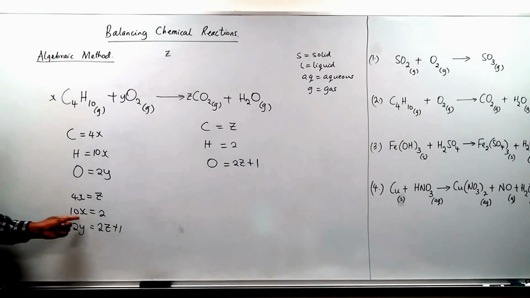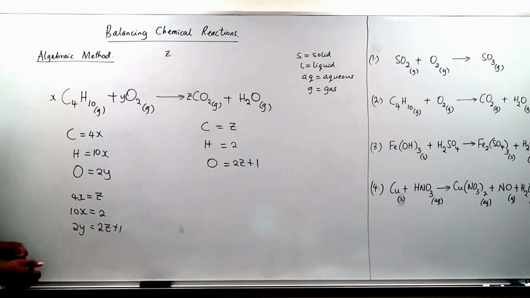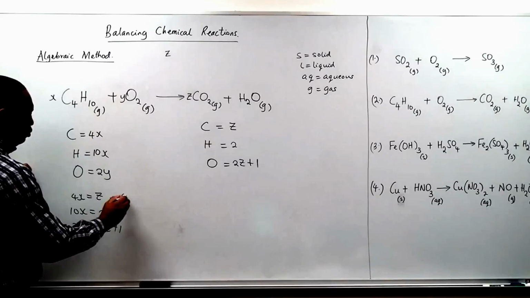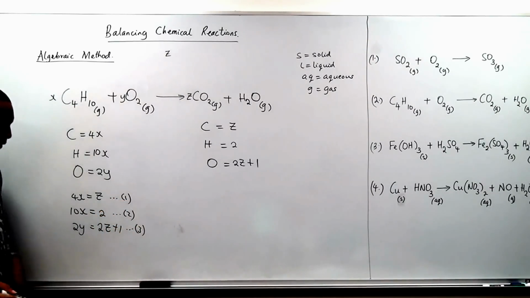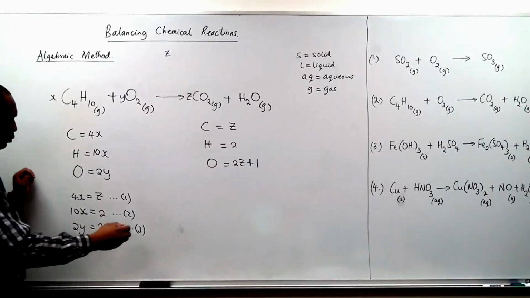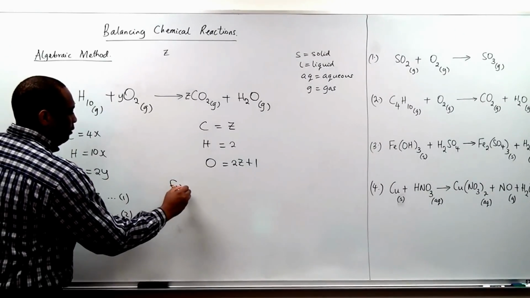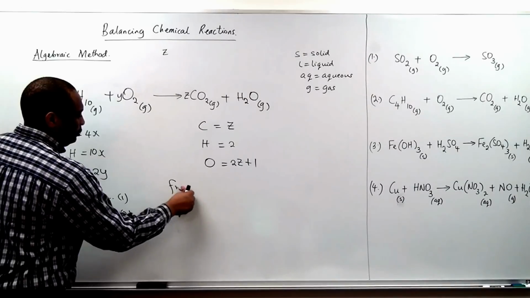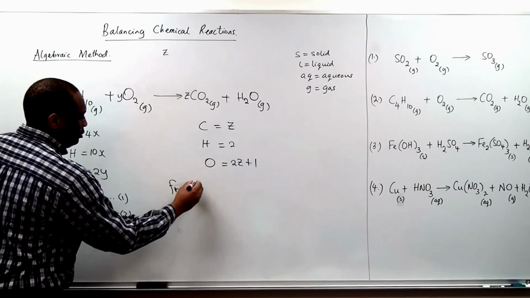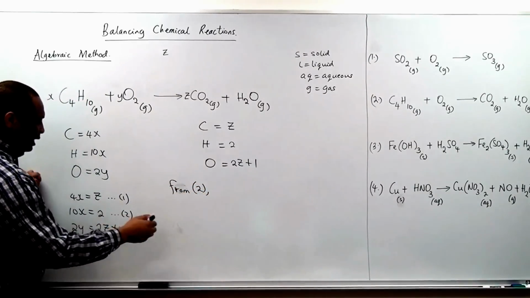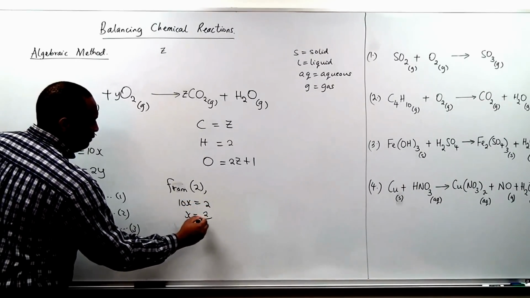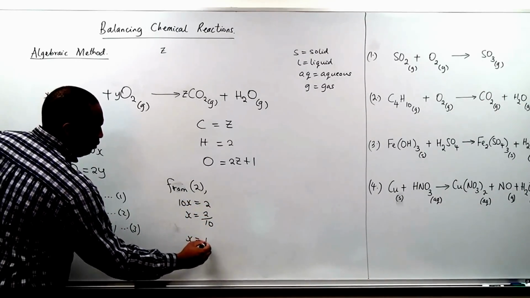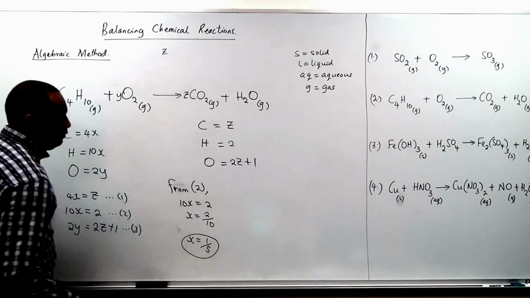So which one is easier to start with? Let's find x first. X is easier. We can call this equation 1, equation 2, equation 3. This is now algebra. From equation 2, we have that 10x is equal to 2, so x will be 2 divided by 10, and x will be 1 over 5. So we found our x.